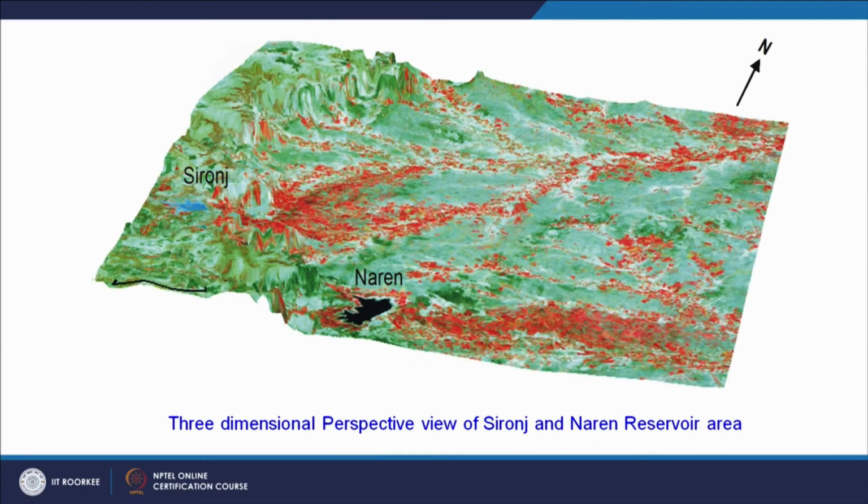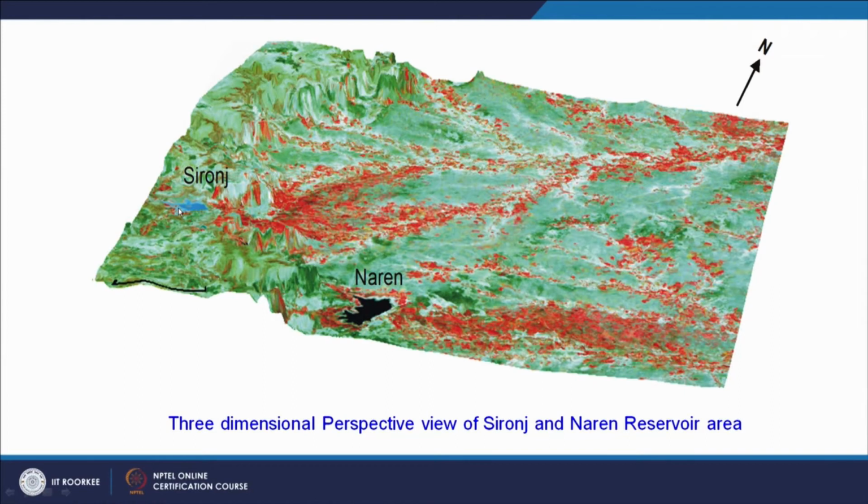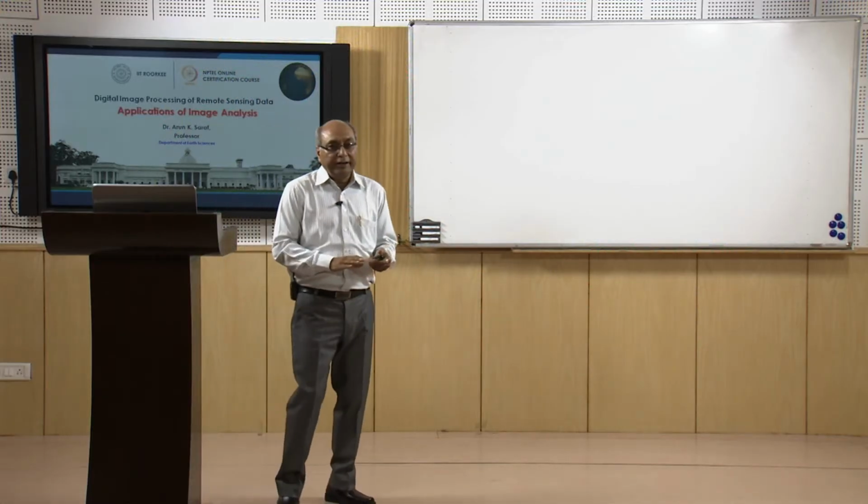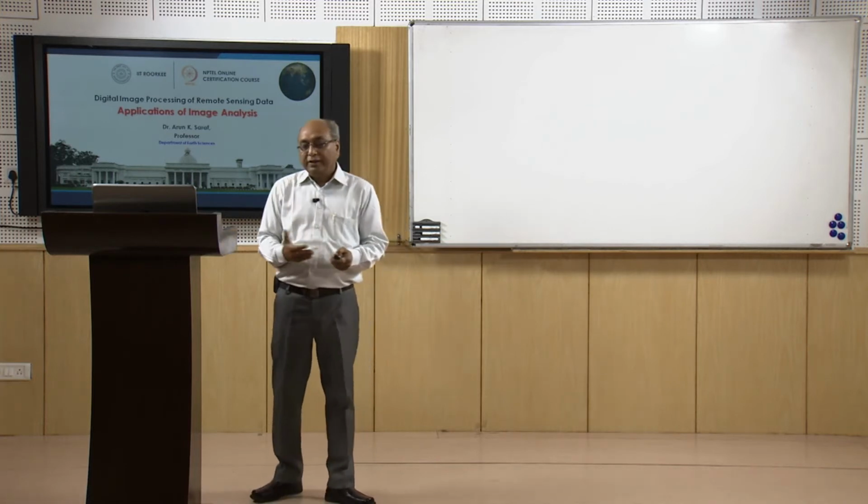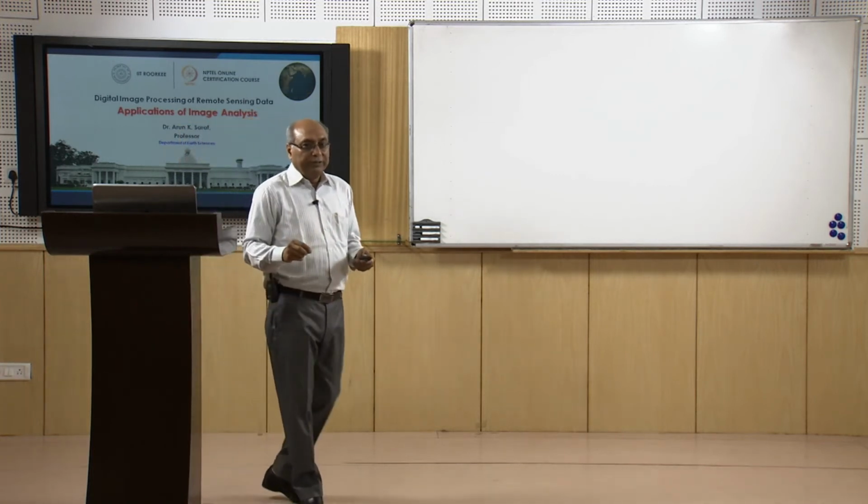And now the point which I was making, that the blue reservoir is on higher ground, can also be realized in this 3D perspective view. This is on the lower ground and this is on the higher ground. Since it is on higher ground, it is causing a better hydraulic gradient and therefore better recharge as compared to the reservoir here.